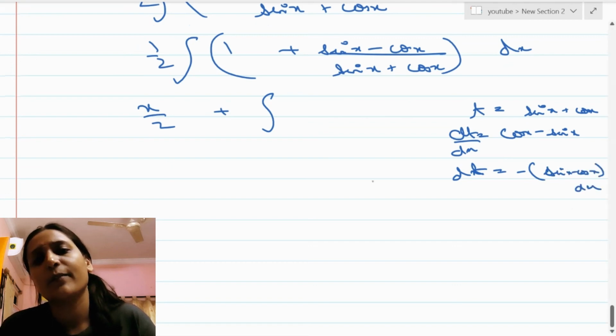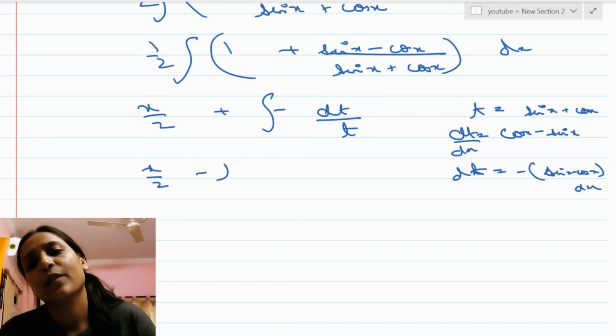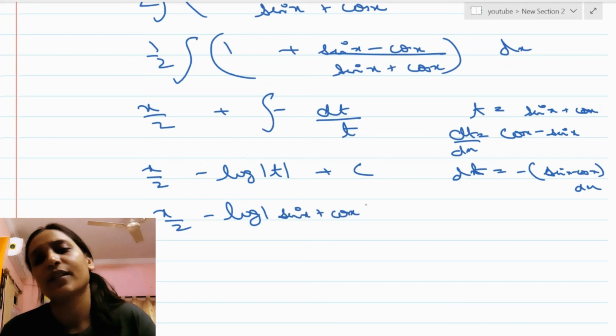So this is going to be dt by t, and that's what we will be integrating. So x by 2 plus log mod t plus c, where t is going to be sin x plus cos x would be your answer. So this is log mod sin x plus cos x plus c.